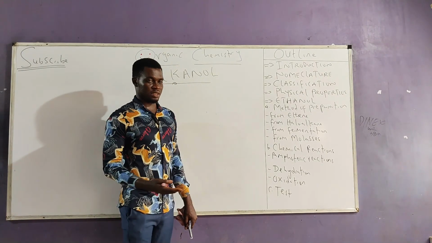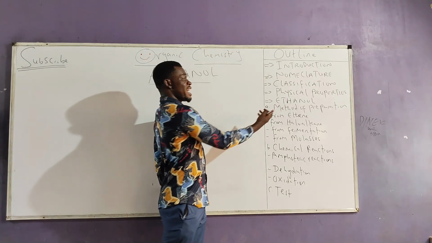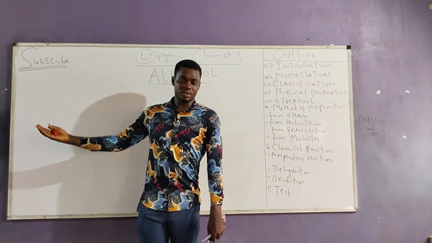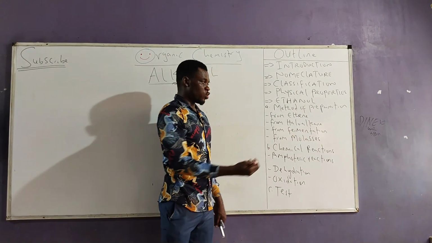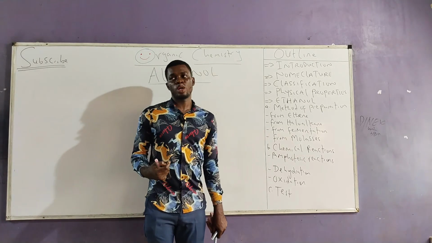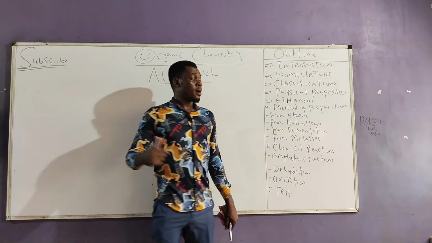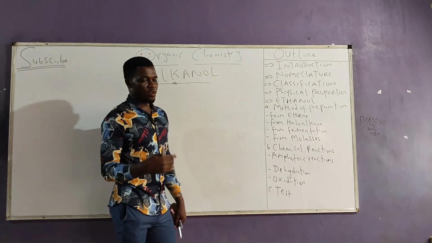If I want to prepare ethanol, I can prepare it from ethene, and other alkanols I can also prepare from alkenes. For example, if I want to prepare propanol, I don't use ethene, I have to use propene. So, similar general method of preparation.